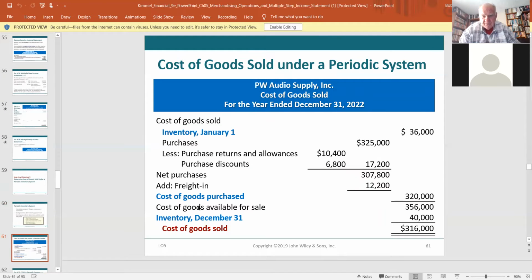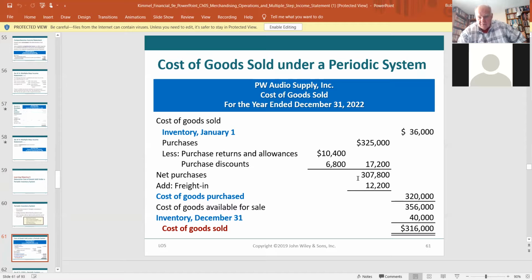And here is an example of the cost of goods calculation under the periodic. You don't have to do this under the perpetual method, but we do have to jump through this hoop. We have a beginning inventory plus the net purchases and freight. Freight is part of inventory, remember.